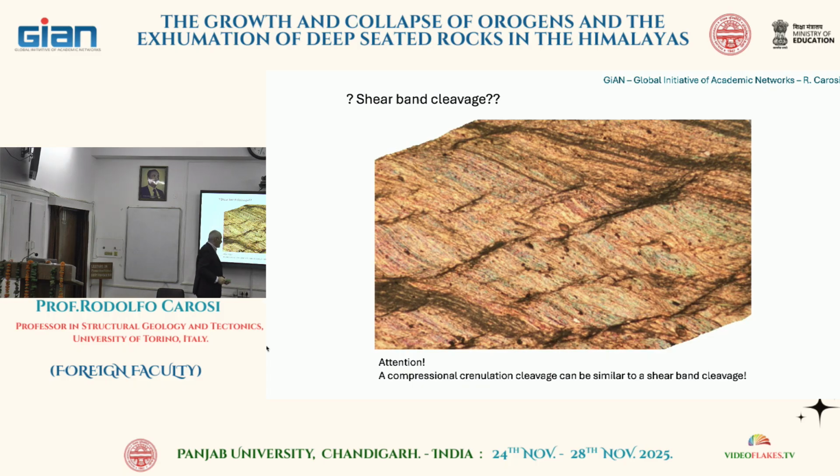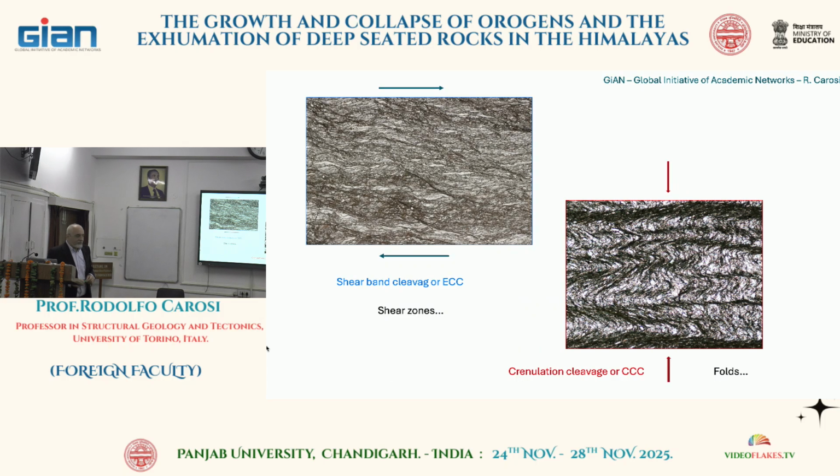But is it a real shear band cleavage or a crenulation cleavage? What is the difference? When you have folds or superposed folds, you have several foliations, and in this case you have an older foliation, this one, deformed, folded, and the new foliation, this one, that is a crenulation cleavage.